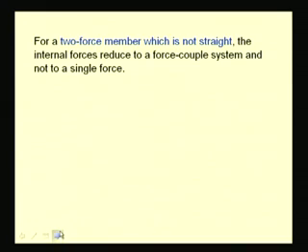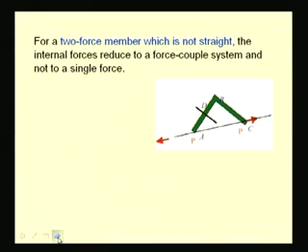Let us now consider a two force member which is not straight and try to determine the internal force that is developed in a non-straight two force member. So, here you see a member ABC which is bent, but it is a two force member because loads are applied at 2 points, at A and at C. We have these loads P that are being applied to this member.